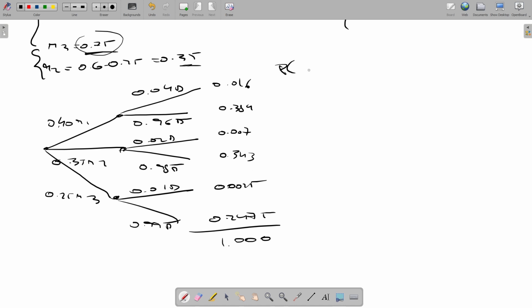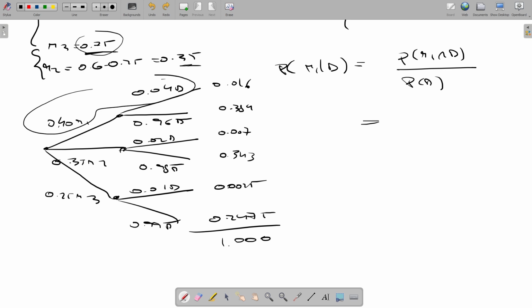Now we are asked what's the probability of coming from M1 knowing that it has a defect. So a part coming from machine 1 knowing that it has a defect. Again, we follow the same logic. So in the denominator, it's the probability of having a defect. And in the numerator is the probability of coming from machine 1 and having a defect, which is this branch.